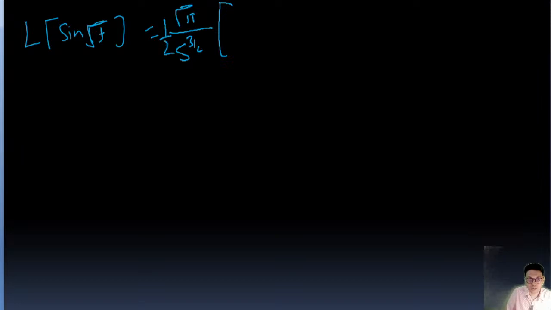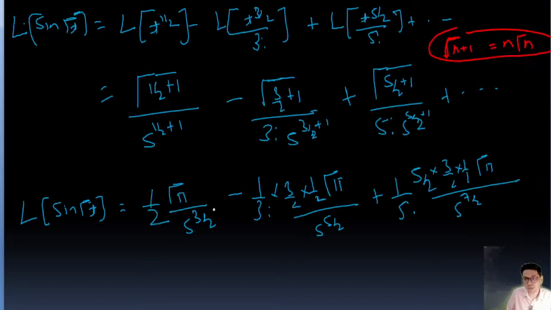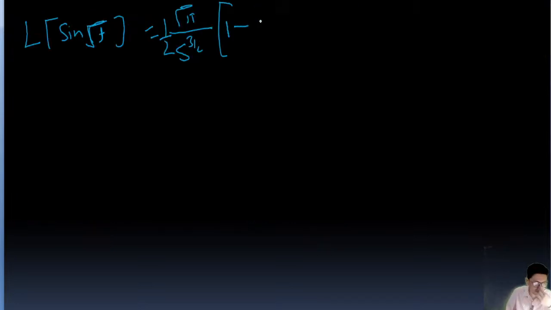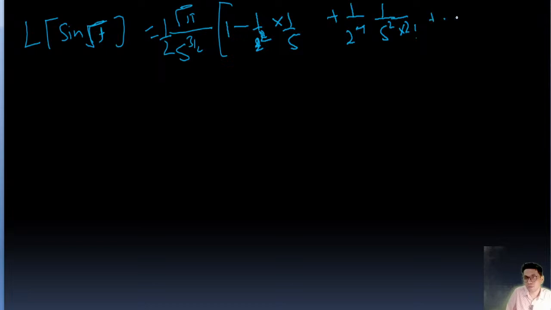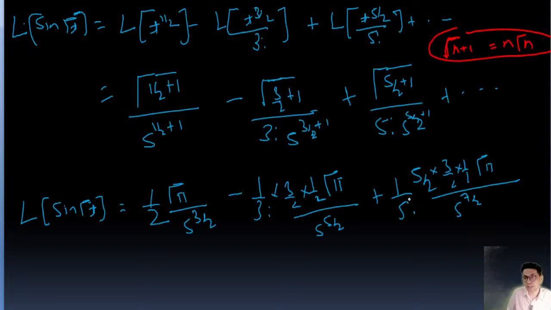What remains is 1 minus 1 by 2 square into 1 upon s, plus 1 by 2 to the power 4 into 1 by s square into 2 factorial, plus so on. If you do it, this is what we are going to get.